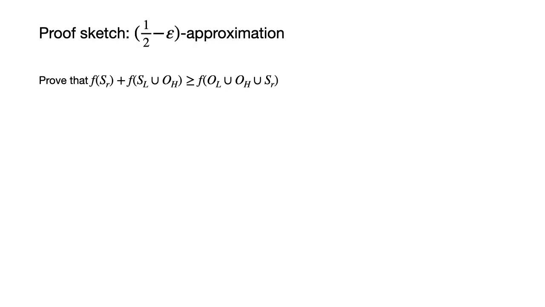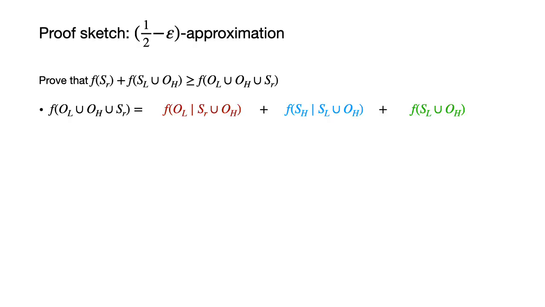To prove this inequality, we first decompose the right-hand side into three terms. On the rightmost, we have the value of SL union OH, and then we have the marginal value of SH on top of that. And then we have the marginal value of OL on top of the union. It's easy to verify the sum of these three terms is exactly the value of OPT union SR.